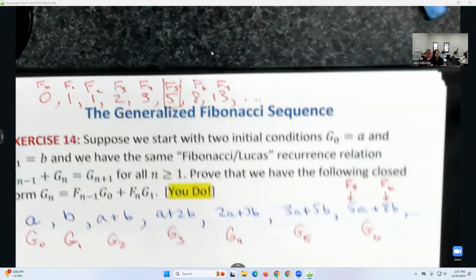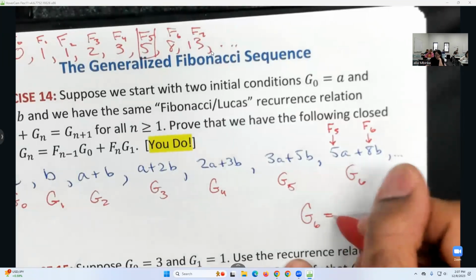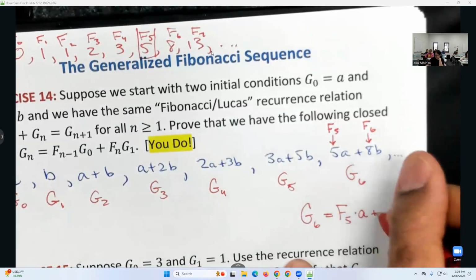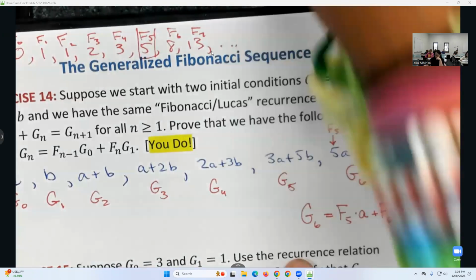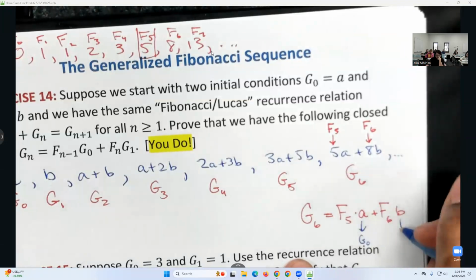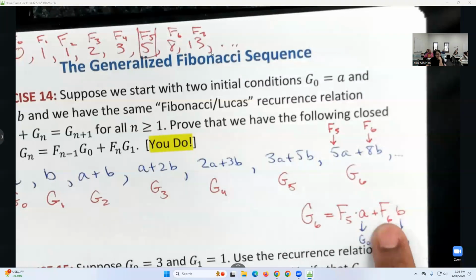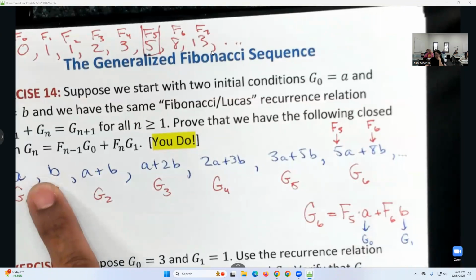So what we can conclude is that G6 appears to be F5 times A plus F6 times B, and we note that A is G naught and B is G1. So we could predict G6 just by knowing Fibonacci numbers F5 and F6 and the very first two initial terms in the sequence.